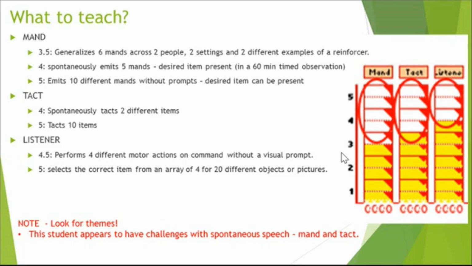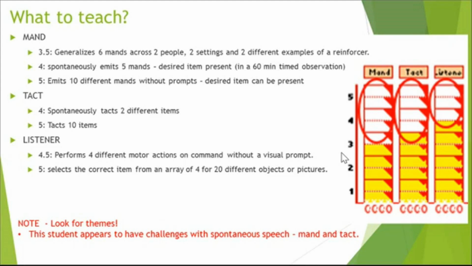When we look a little bit closer, we're going to look specifically at mand, tact, and listener behavior. In mand, the learner scored 0.5 in milestone 3. And so the piece that they missed, that they were not able to generalize, was 6 mands across two people, 2 locations, and two examples of a reinforcer.